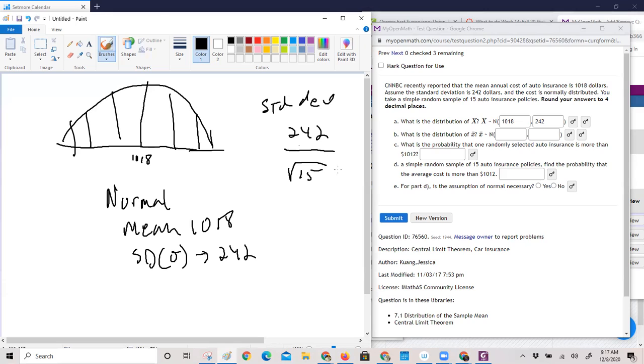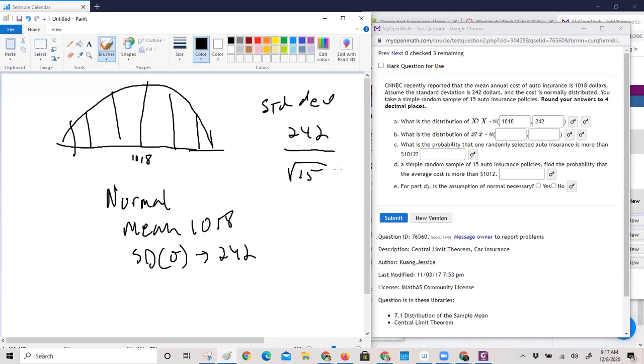The sample size is 15. So I'm going to grab my calculator and do this off screen. Here it is. So I'm going to do 242 divided by the square root of 15. That's telling me the standard deviation is 62 point, how many decimal places do they want? 4 decimal places.